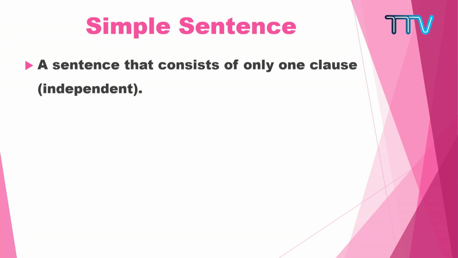Now, you might be wondering what a clause is, because I haven't discussed it yet. So, I'll just give you an example. A sentence that consists of only one clause, and that clause has to be independent.